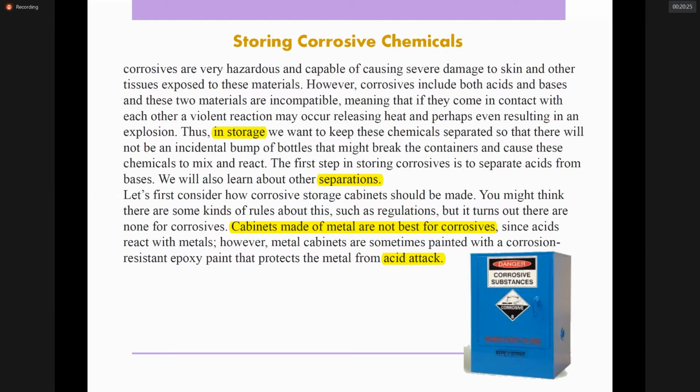This is an important tip, so that there will not be an incidental bump of bottles that might break the container and cause the chemicals to mix together and react. This is the number one rule in storage. So the first step in storing corrosives is to separate acids from bases. We will also learn about the separation.